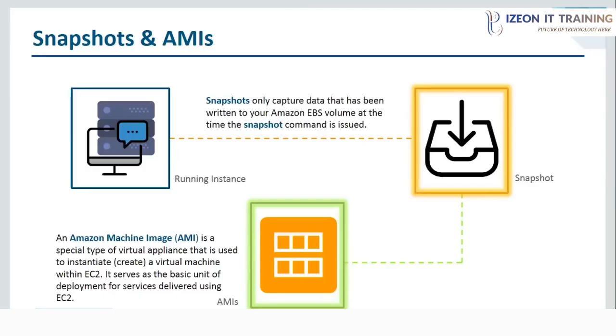So basically, if you have your C drive, right, and you want to copy your C drive, you copy it onto some external drive, so that becomes a snapshot. But if you can boot from that external drive so that your whole operating system comes up on some other machine, then it becomes an AMI. So this is basically the difference between the two. A snapshot is not a bootable copy, an AMI is a bootable copy that you have.